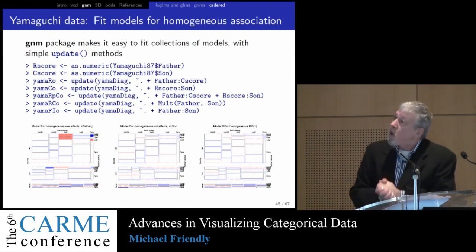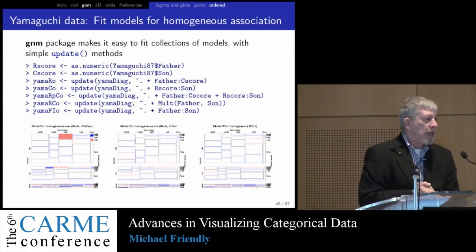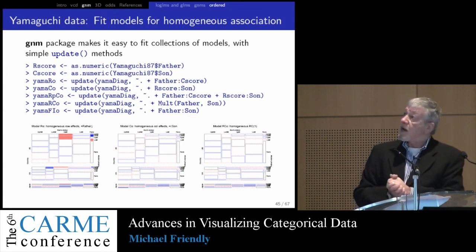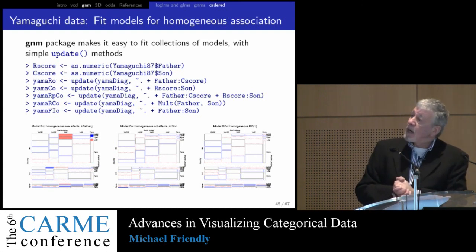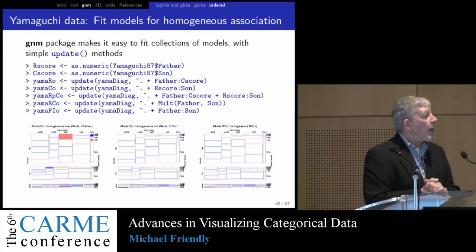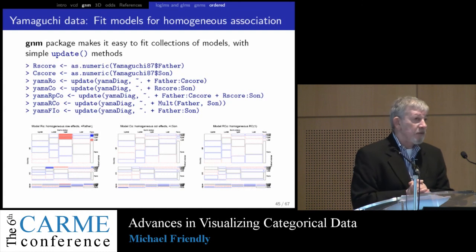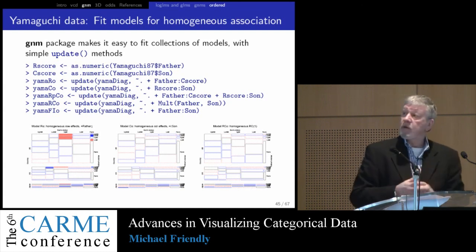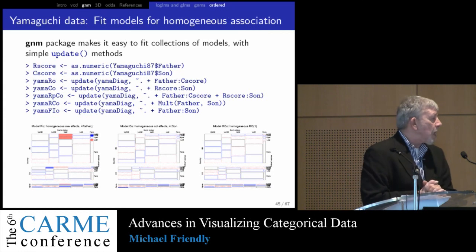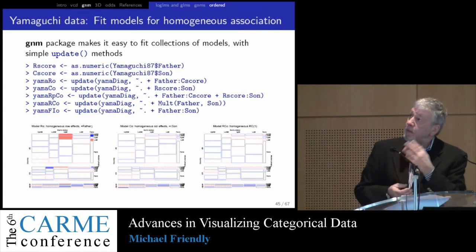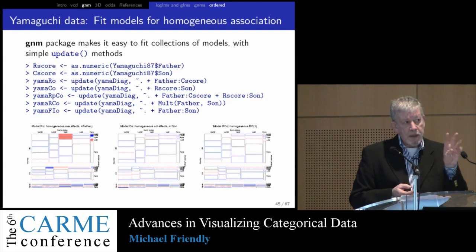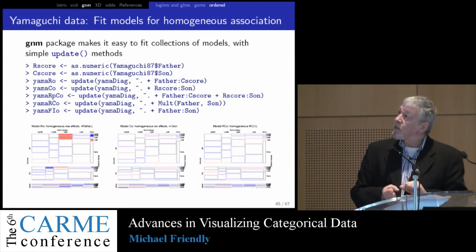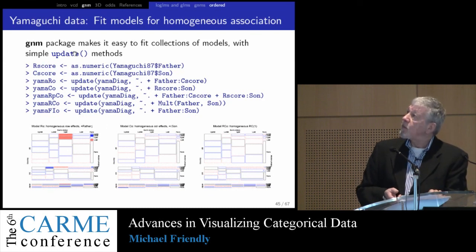I'll just show you how simple it is to fit a wide variety of models to these data. Models allowing particular forms of interaction, of association between fathers and sons, rows and columns, are specified by simple update methods, starting with the model of quasi-independence, adding terms for father by son score, etc. And here are some examples.